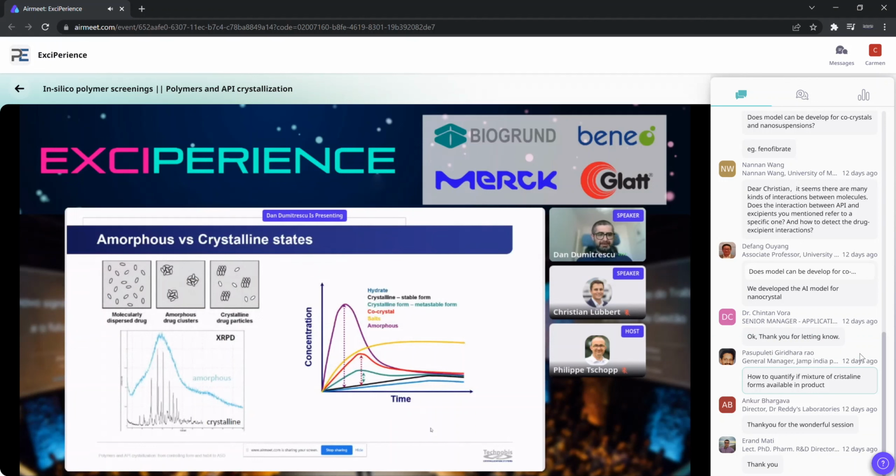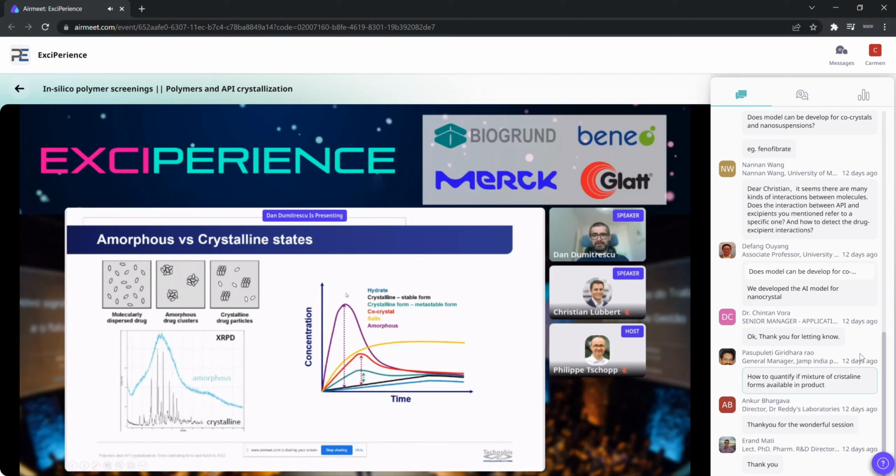Now, the difference between the amorphous and crystalline states is the order and the energy of the structure. You can see it very clearly in powder diffractogram. Amorphous shows a broad background, while the crystalline state shows clear peaks. But the end result in the final formulation is the concentration profile over time.